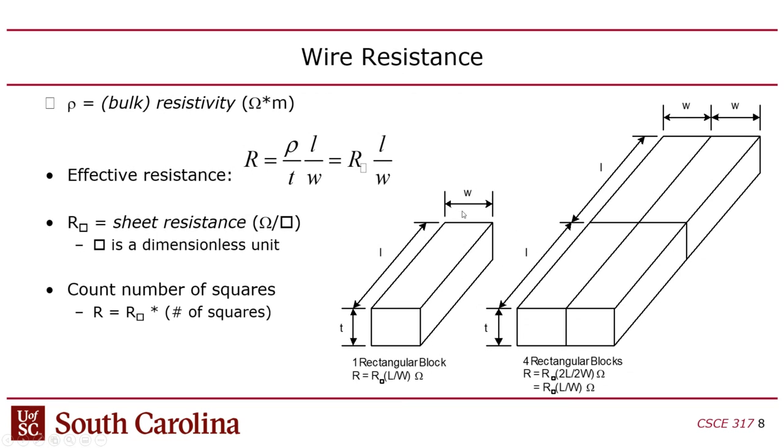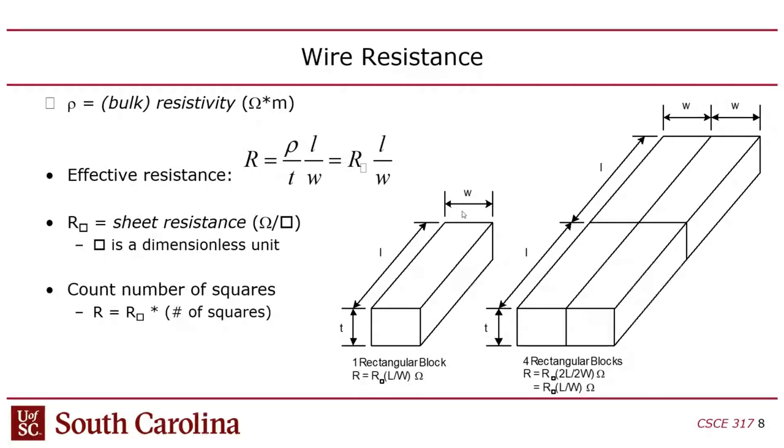Now you might say, wait a second, why is width in the denominator and length in the numerator? Well, the assumption is that the current is being sent down the length of the wire, right? So if the directionality of the current is down the length, then having more width will reduce that resistance as current flows down through the length. However, as you make the length longer, the resistance will rise. So you make it longer, you get higher resistance. You make it wider, you get less resistance.